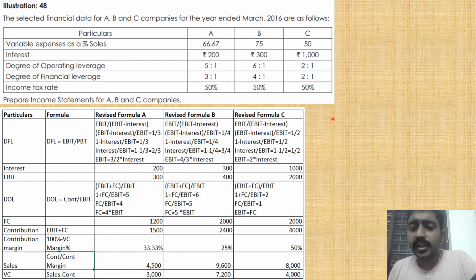Okay, so let's go to the next problem. This problem is a little complicated, or the difficulty level is a little high. For that, we should not leave leverage, which is a very easy concept. In all my classes, I am covering the main topics which keep on repeating in the examination.